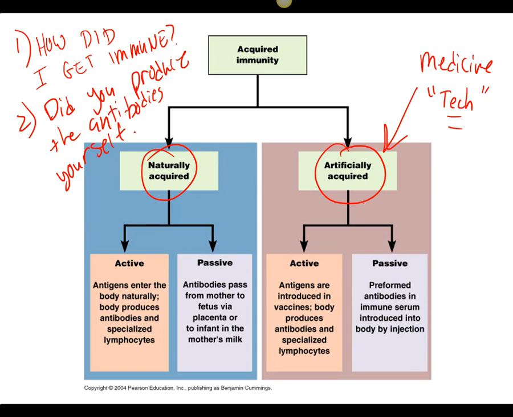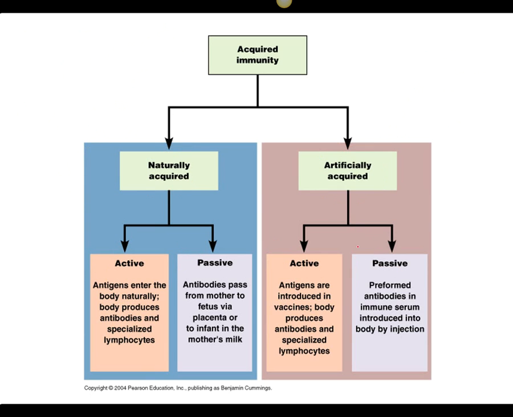You're going to have a quiz and you're going to have to answer, is it naturally active, or naturally passive? Is it artificially active or artificially passive? Let's go through some examples. Naturally active. This is just flat out getting sick. You have to get an infection.